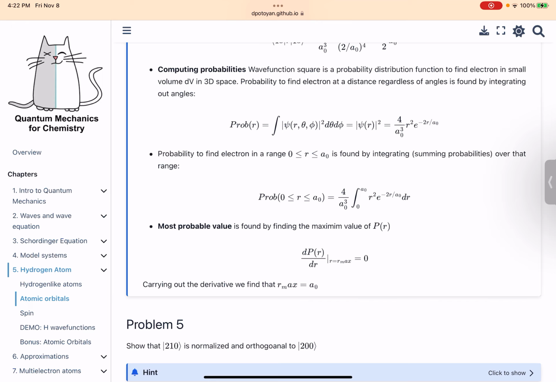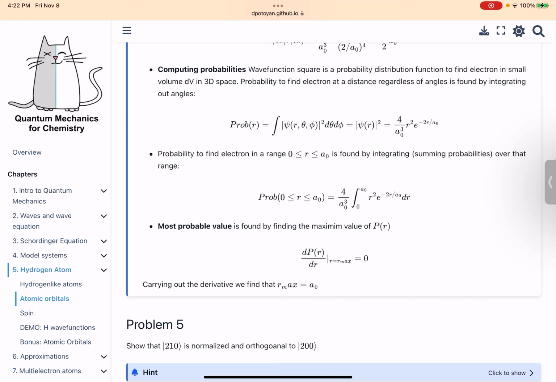To find the probability in some range, you have to carry out the integral within that range. Let's say you're interested in the probability to find the electron within the first peak or the first Bohr radius, you can do the integral from 0 to a0. That's the expression to use.